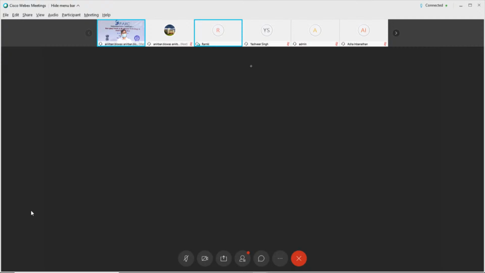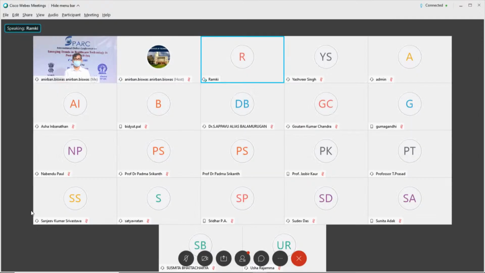We are just getting a black screen. Can you stop the presentation once and restart it, sharing the screen?